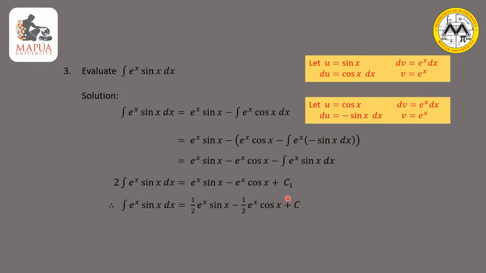To evaluate the required integral, which is the integral of e to the x sine of x dx, it is just a matter of dividing both sides of this equation by 2, so that we have the integral of e to the x sine of x dx to equal 1/2 of e to the x sine of x minus 1/2 of e to the x cosine of x plus the arbitrary constant c.